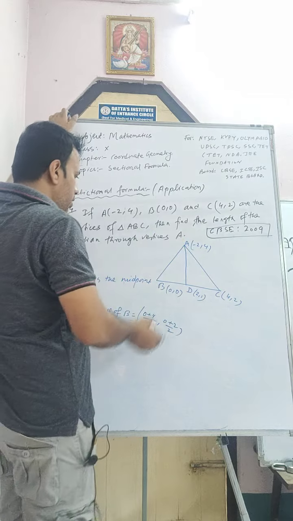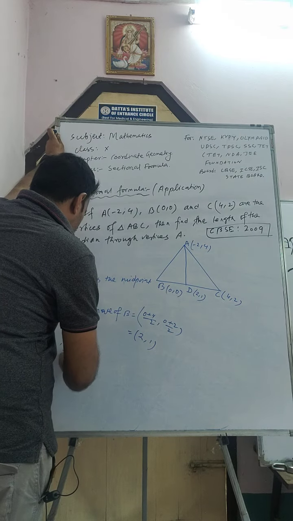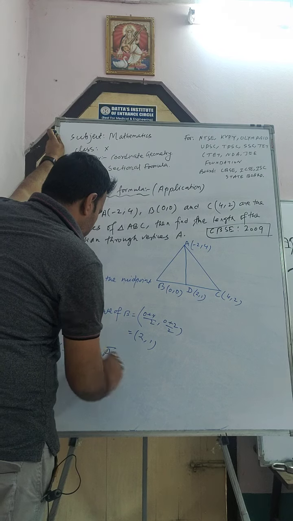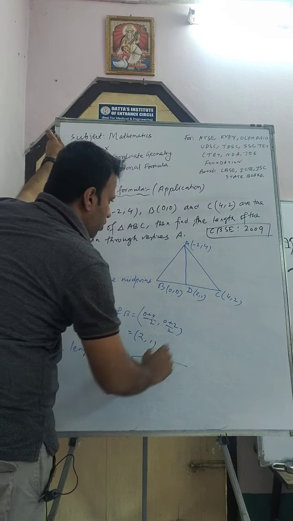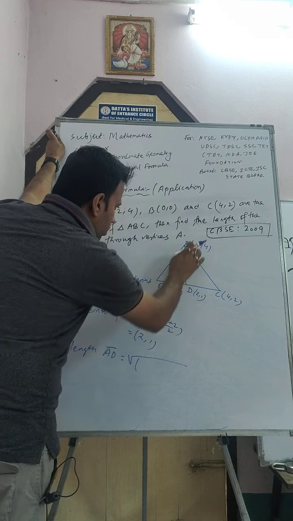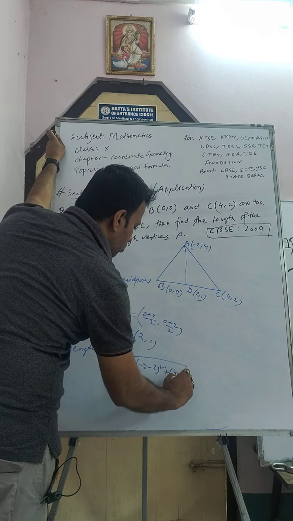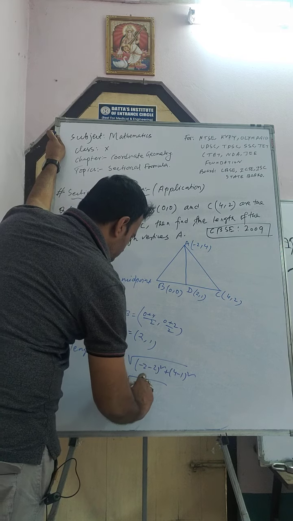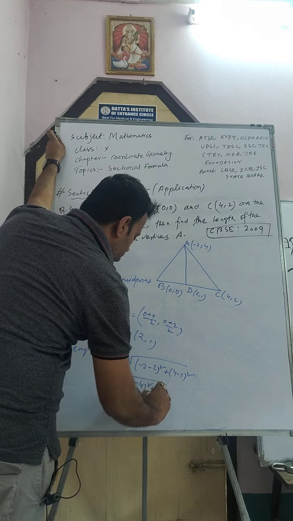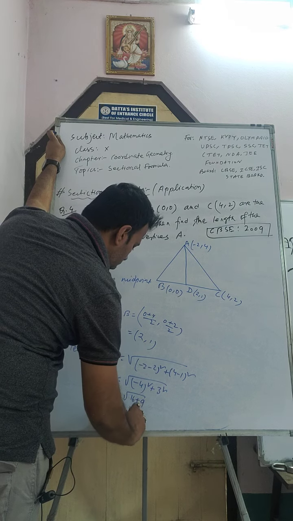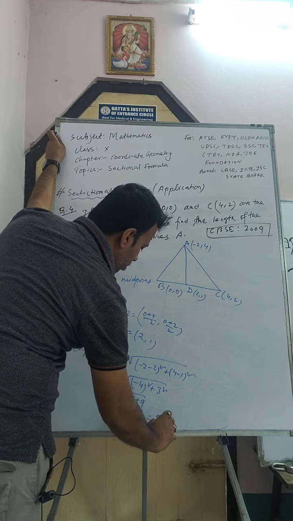So now find the length. Therefore length AD is what? Same formula, x1 minus x2. This one is x1, there is minus 2 whole square plus 4 minus 1 whole square. So it will be minus 4 whole square and 3 square, that is root over 16 plus 9, that is root over 25, that means 5 units.